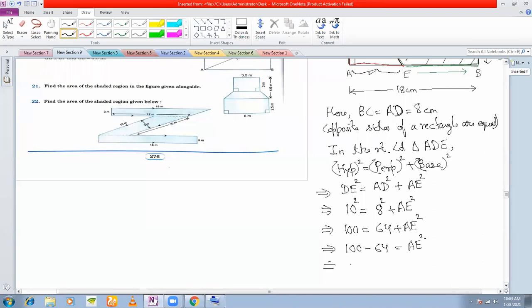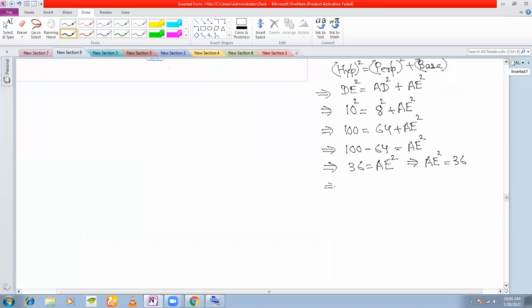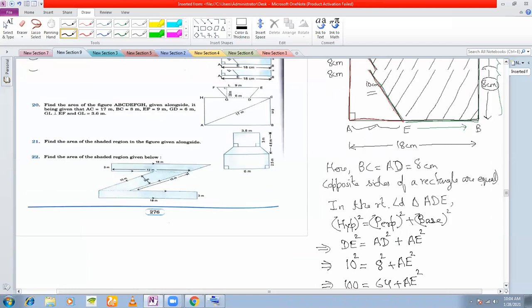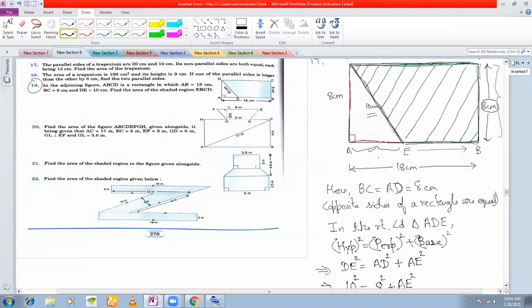That means 36 is equal to AE square. That means AE is square root of 36, which is equal to 6 centimeters. So we have found out this length to be 6 centimeters.